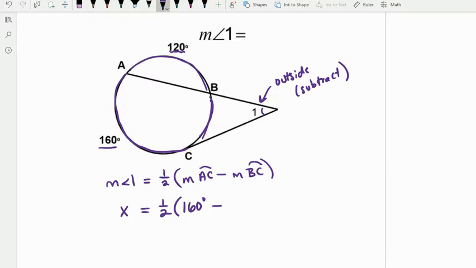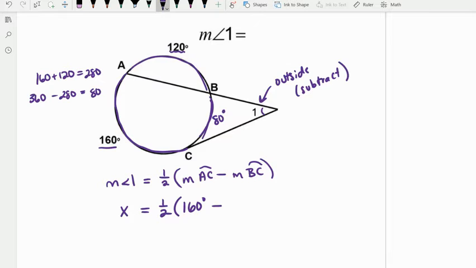BC would finish off the circle. So if I add together my 160 plus 120, that gives me 280. And then if I do 360 minus my 280, that gets us 80. So that means arc BC over here is 80 degrees.